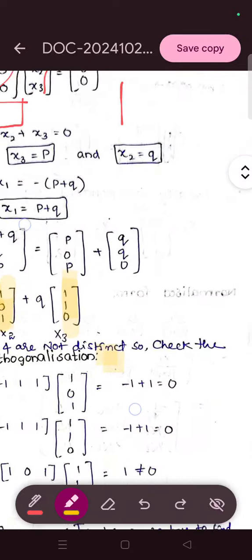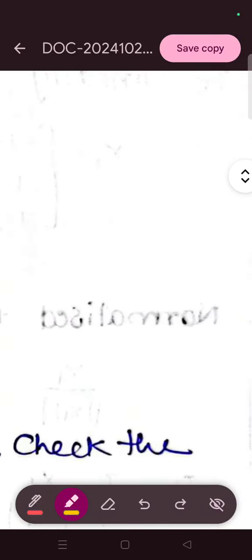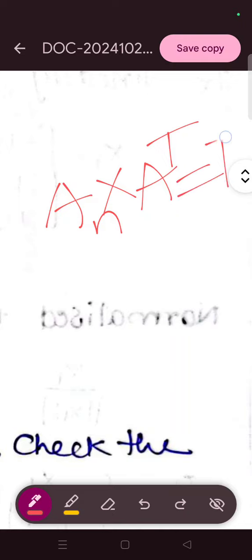So first of all, what is orthogonalization? Let's say a matrix A is there, of order n. How can we say the matrix is orthogonal? A into A transpose equals identity.